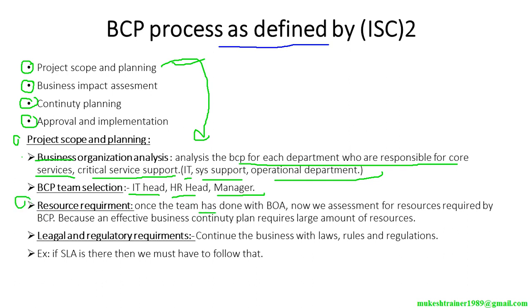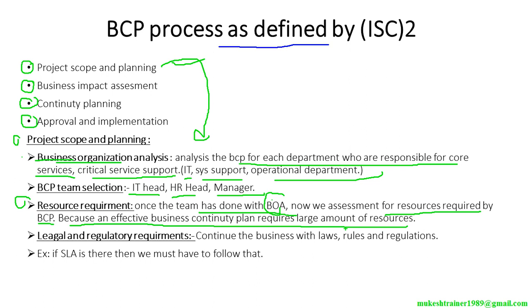One of the teams is done with BOA now. BOA stands for business organization analysis. Now we assess the resources required by the BCP, because an effective business continuity plan requires a large amount of resources. You want to continue your business when disasters happen, whether man-made or natural.